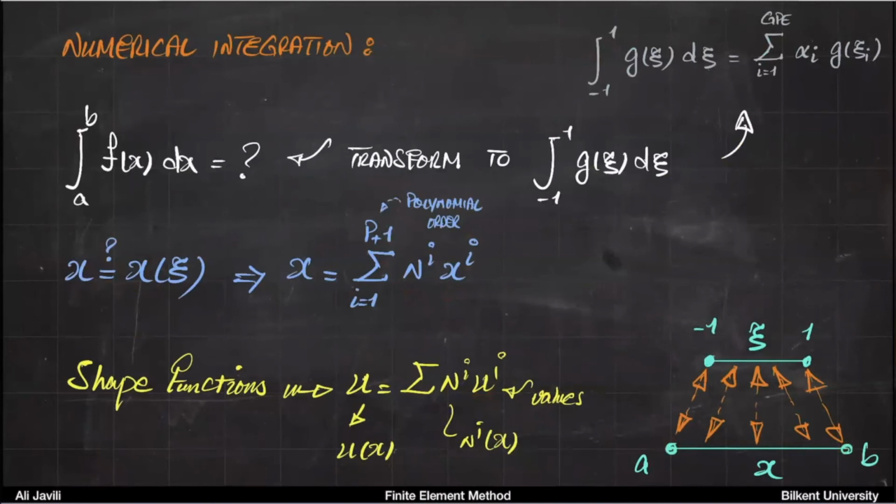The only difference is that here you should write these ni's in terms of c, so in natural coordinates. And then you get the answer.